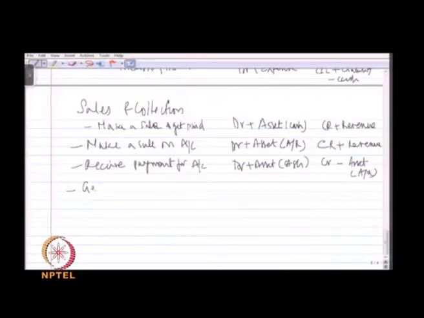There could also be a possibility where you are getting paid before the sale completion.